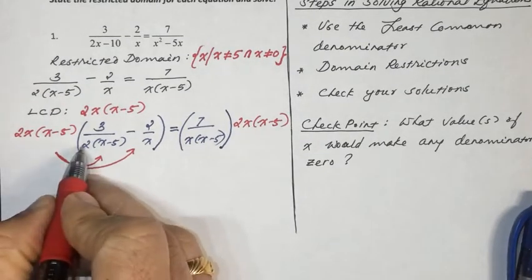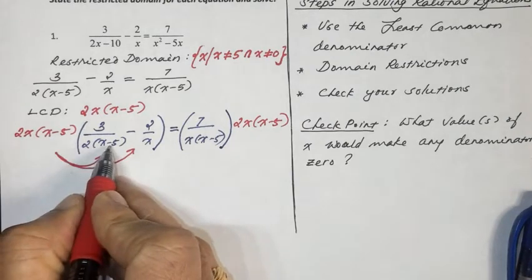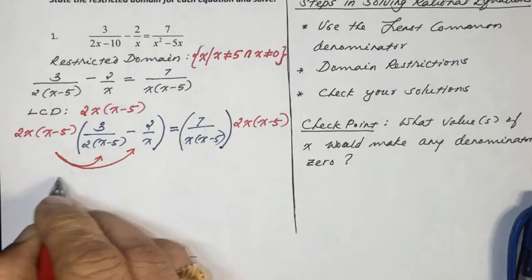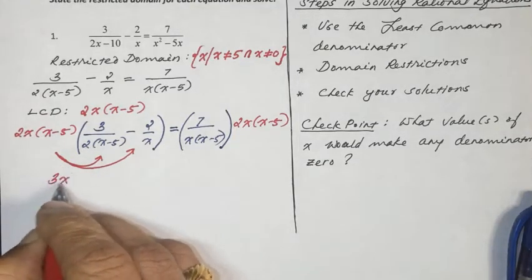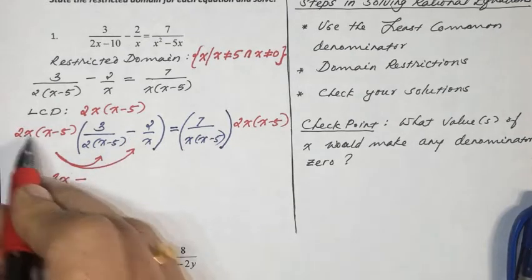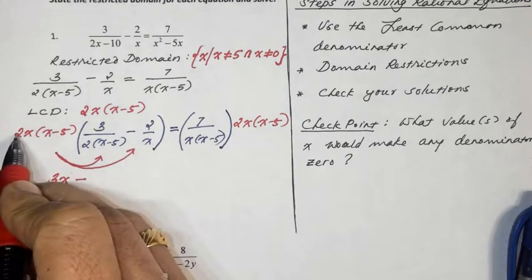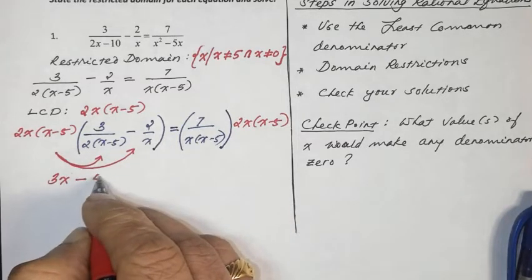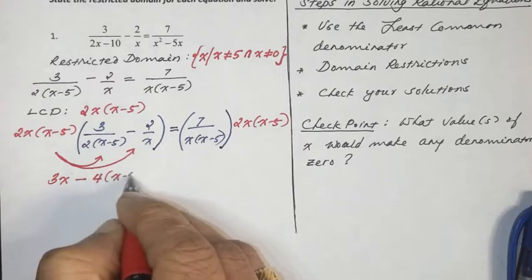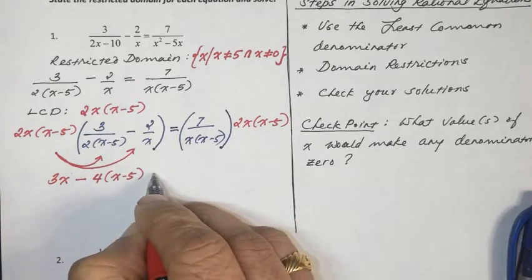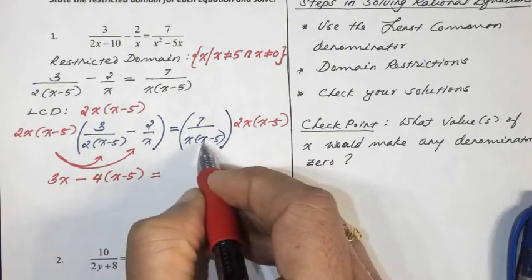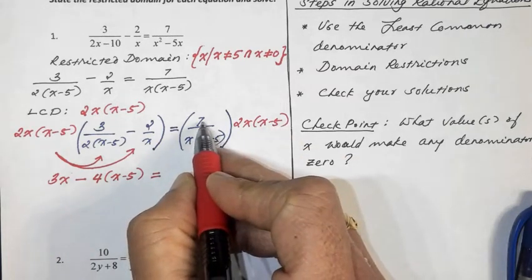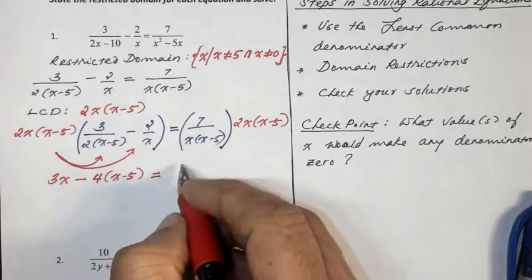So when you multiply and simplify, the 2 cancels out, x minus 5 and x minus 5 cancel out, the only thing left is x, so that is 3x. Minus, x cancels out, the only thing left is a 2, so 2 times 2 is 4, then x minus 5, so 4 times x minus 5 on the left side, and that is equal to, x cancels out, x minus 5 cancels out, the only thing left is a 7 and a 2, that is 14.